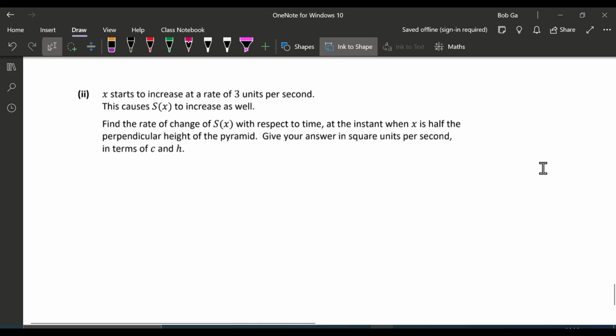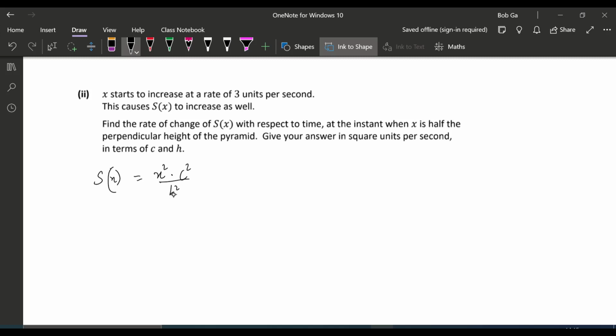So what we actually have here, we're given s of x is equal to x squared times c squared all over h squared. That's what we've been given.